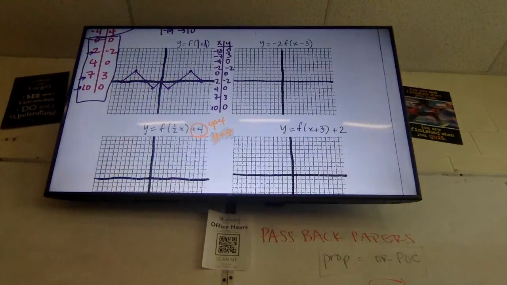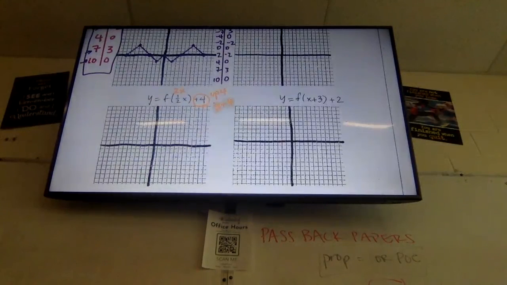Instead, I'm going to do the reciprocal. I'm going to do the opposite. I'm not going to multiply by 1/2. I'm going to multiply all my x's by 2. What that's going to do is really stretch my graph out wide. None of the y's get taller or shorter. It just gets really stretched out. I'm going to multiply all my x's by 2, I'm going to add 4 to all my y's, and I will get my new answers.